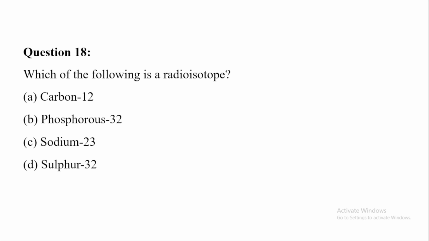P32. What is the atomic mass of phosphorus? The atomic mass of phosphorus in the periodic table you must have seen as 31. So P32 is an isotope of P31, that is generally found. So P32 is actually radioactive. So it is used in different forms of radioactive labeling studies.